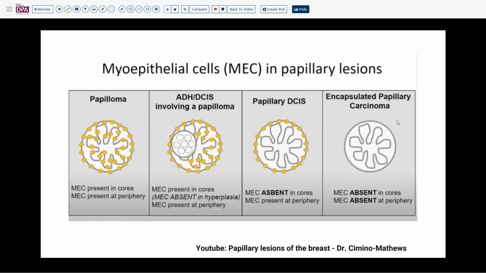Because if it is just low or intermediate grade and fulfills this architecture, we just sign out as encapsulated papillary carcinoma, aka DCIS. But if we have high-grade nuclear features, we could not do that. We need to put a comment: high-grade features, suspicious for invasion, even if we could not see that at this power.